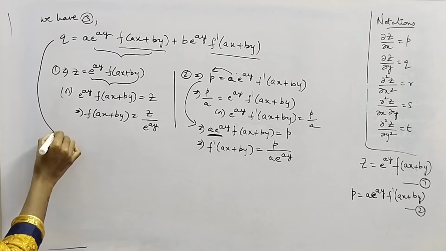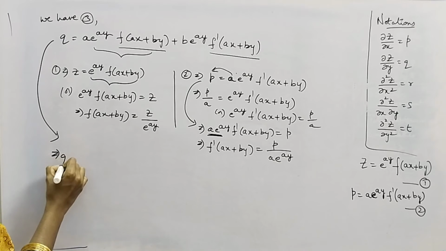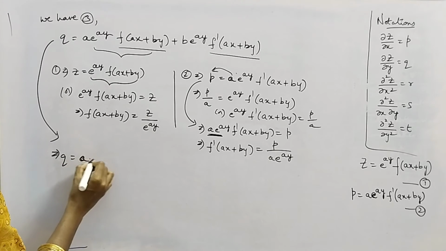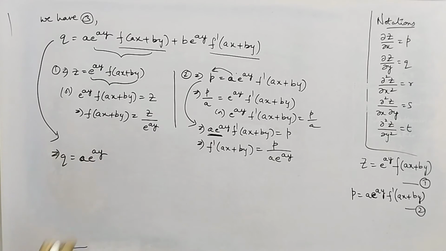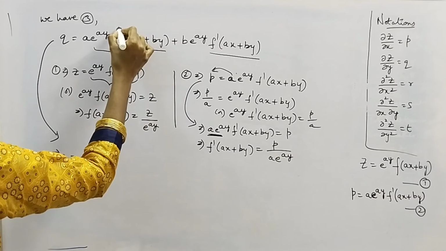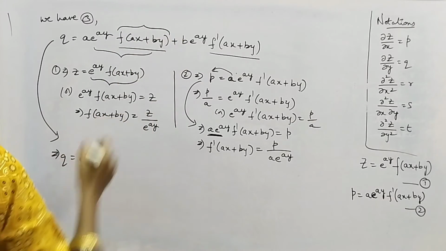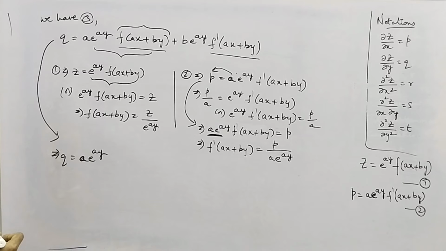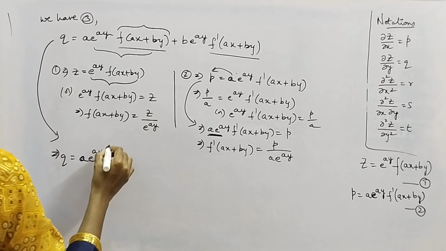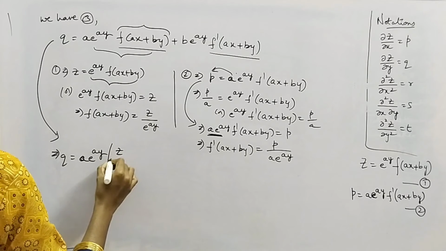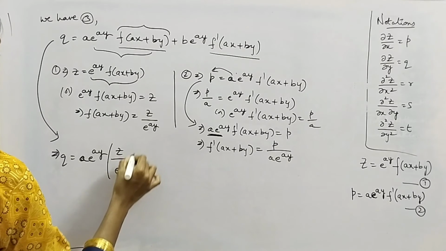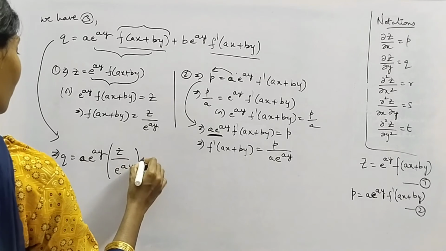Now coming to this, the above equation becomes q equal to a into e power ay into, I'm going to replace f of ax plus by using z by e power ay. No confusion, right?